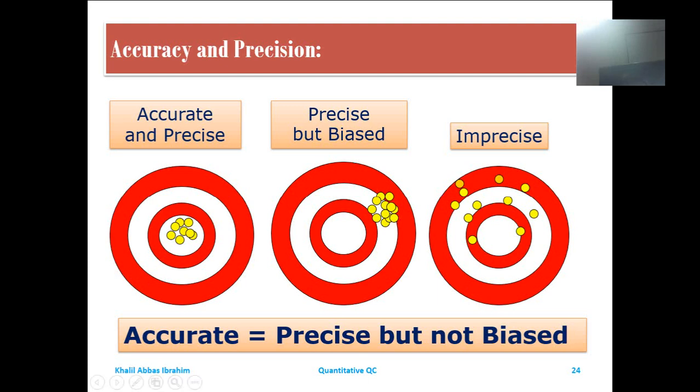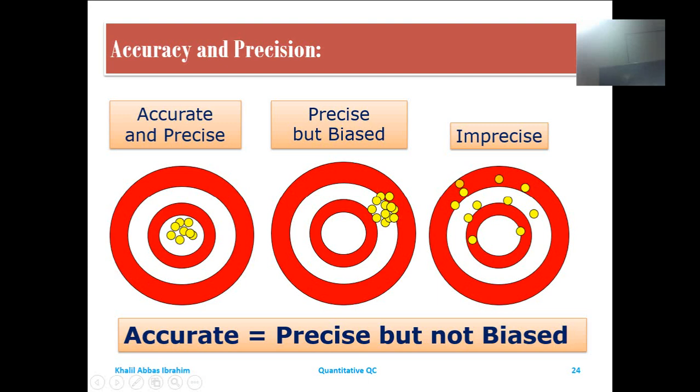The shape number 3. In this shape, all the values are quite far from each other, and at the same time quite far from the true value, which is assumed to be here in the center of the inner circle.